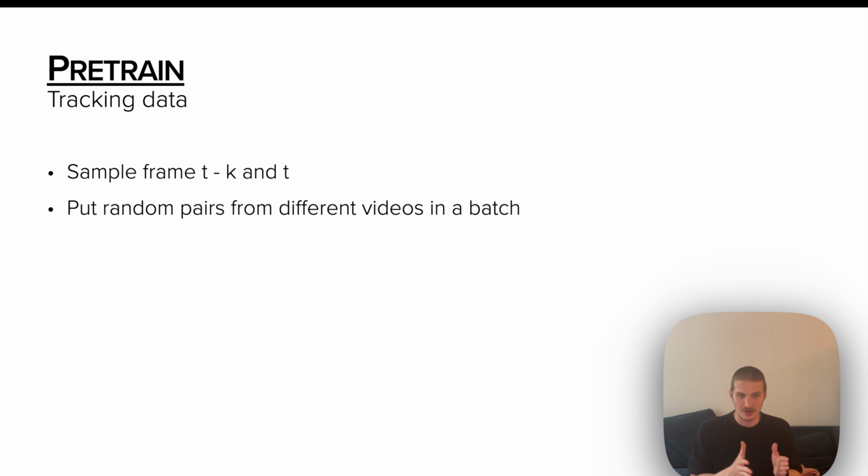We sample not just two consecutive frames, but instead we take a frame and then take another frame that is k steps behind that one. And so this k is basically a parameter, and what it allows us to do is what is called temporal augmentation, where instead of always looking at consecutive frames, we might skip some of them, thus making the work harder for the model.